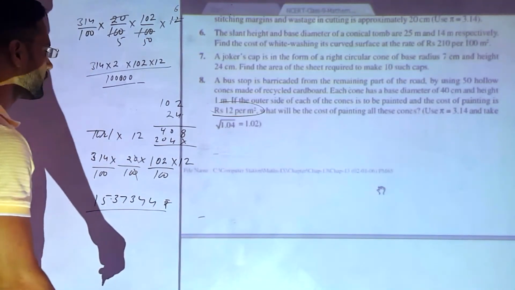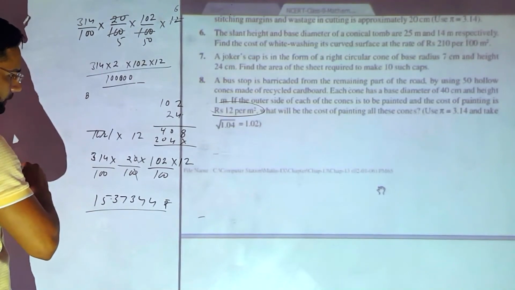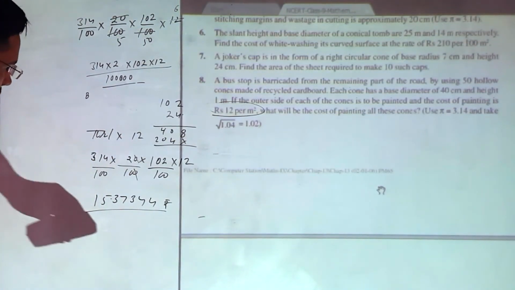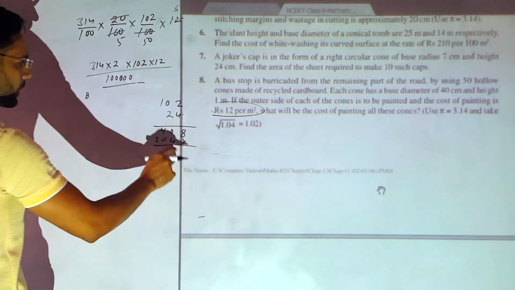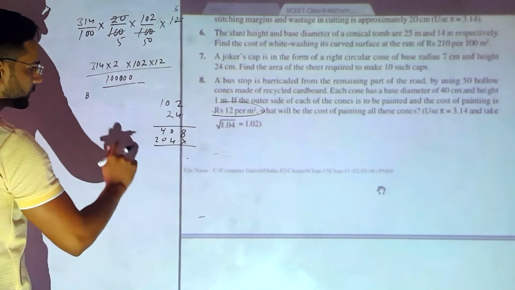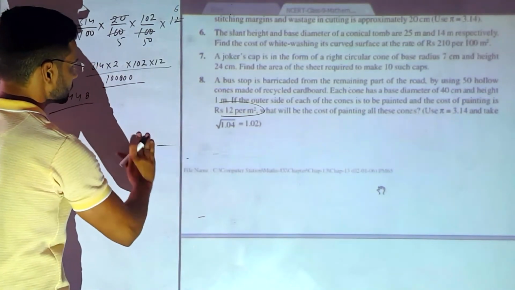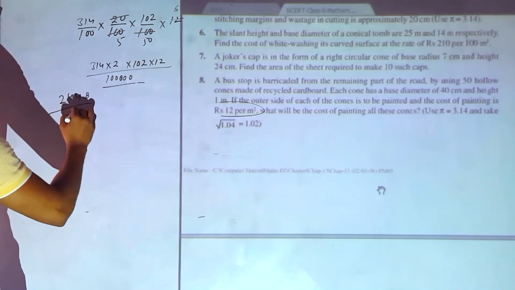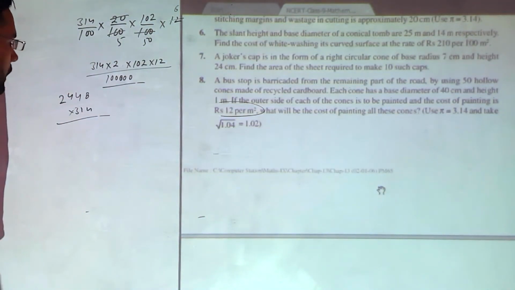This one means 8. 4 to the 8, 8, 4, 4, 2. Now 314 with it.